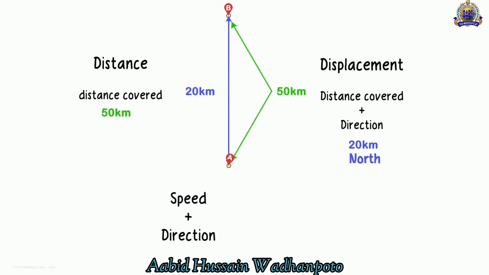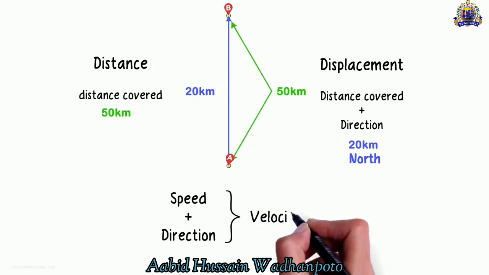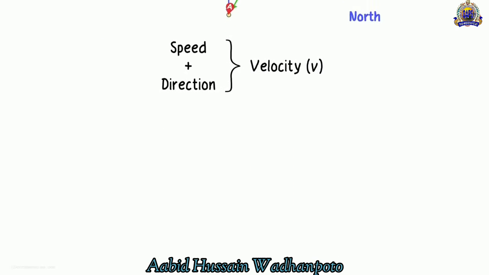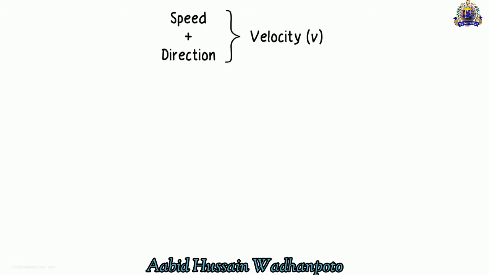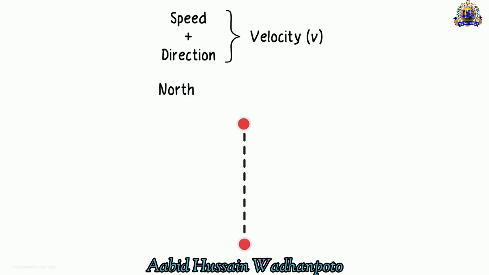In simple words, we can say that speed plus direction is called velocity. Very good. Speed plus direction is equal to velocity. So displacement covered in a time is velocity.